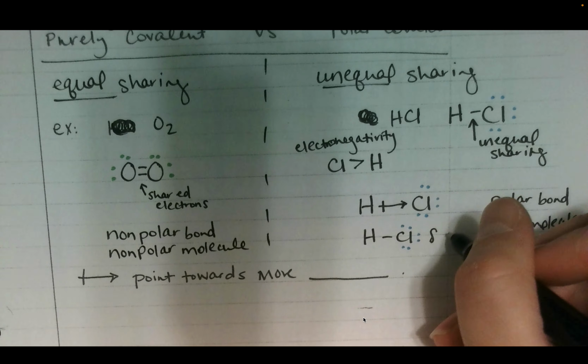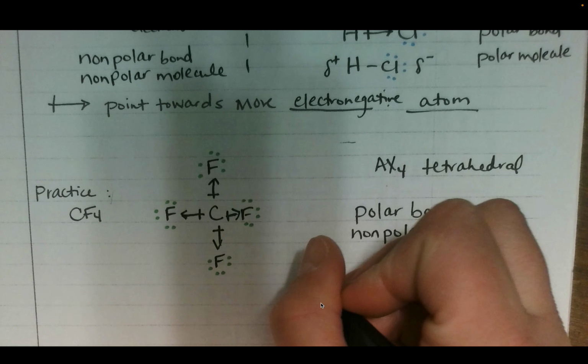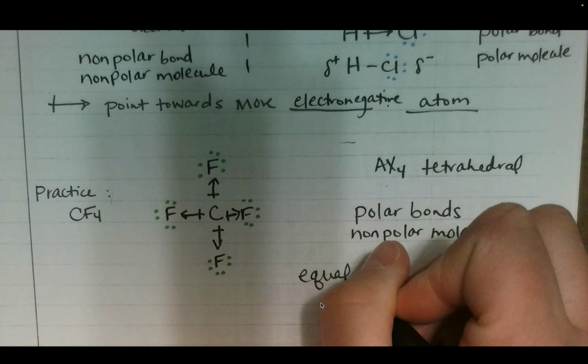However, this is a nonpolar molecule. Why? That's a great question, Ms. Hanley. So think back to the last video. We talked about molecular geometry. This is an AX4 tetrahedral shape. Despite the fact that my bonds are pulling my electrons towards my fluorine, they're pulling out in equal but opposite directions.